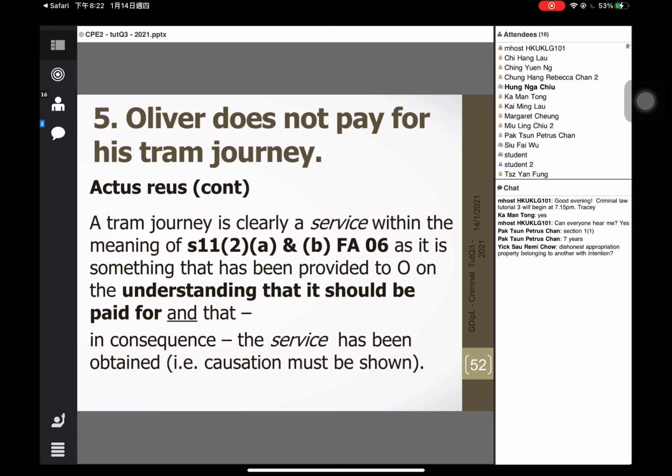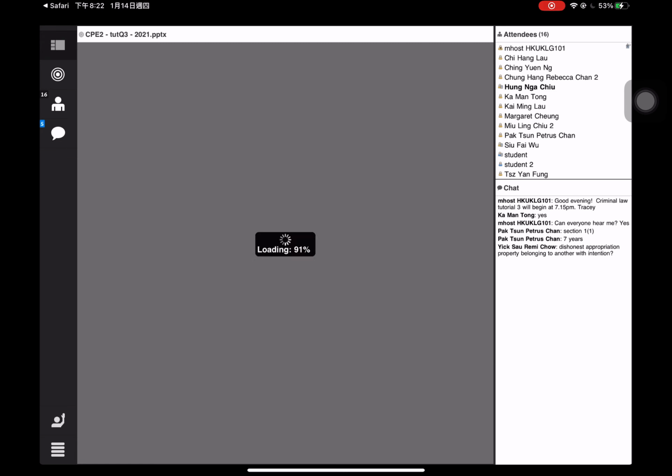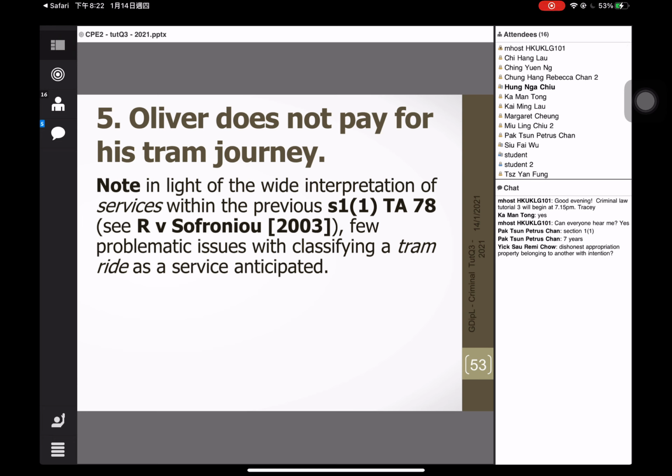Now, it's difficult to get an authority, but under the old obtaining services by deception, the case law gave quite a wide sort of interpretation of what could constitute a service. So wide interpretation of services. So you could mention the case of Sofroniou under the old law, which was opening a bank account.